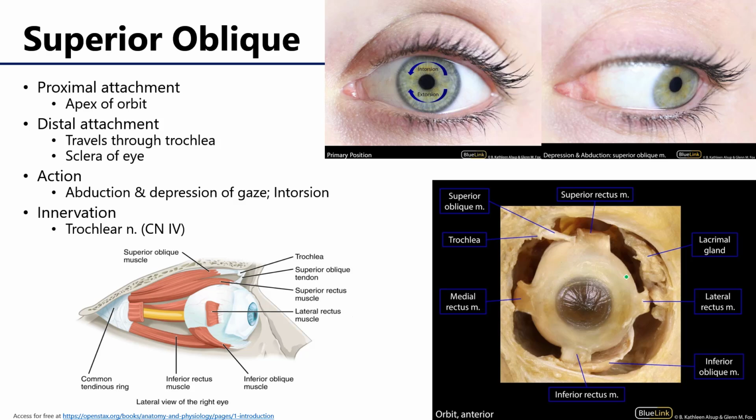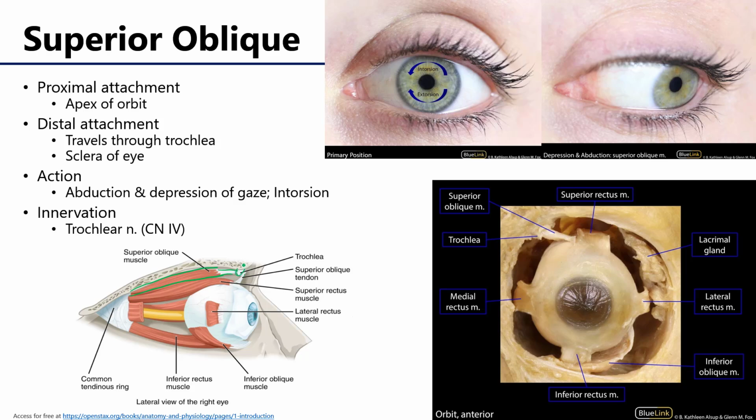Now let's make our way into the extraocular muscles which will affect gaze. And let's begin with a rather unique muscle, the superior oblique muscle. The superior oblique muscle takes its attachment from the bone at the apex of the orbit, and its belly is going to run along the medial aspect of the superior orbit, and then its tendon is going to run through a structure known as the trochlea.